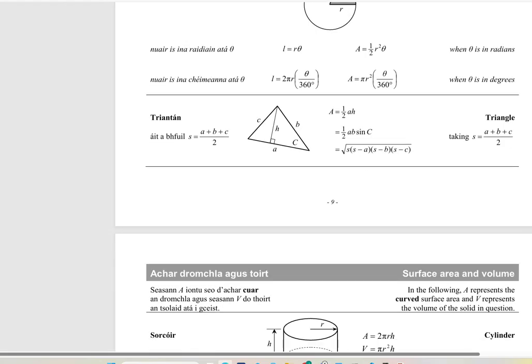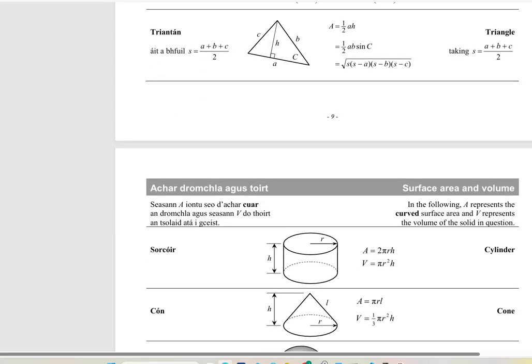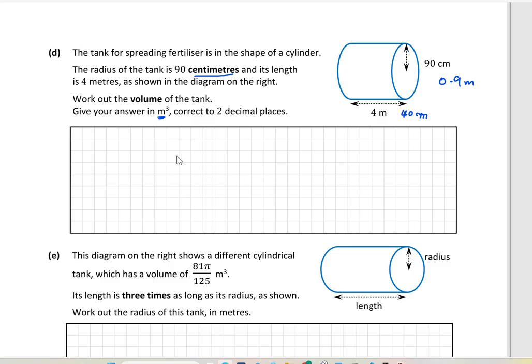Here is my cylinder, and the volume formula is there: pi r squared h. So volume is equal to pi r squared h. Well, r is 0.9, so let's crank it in here.